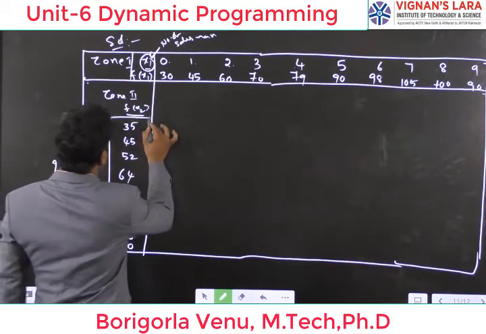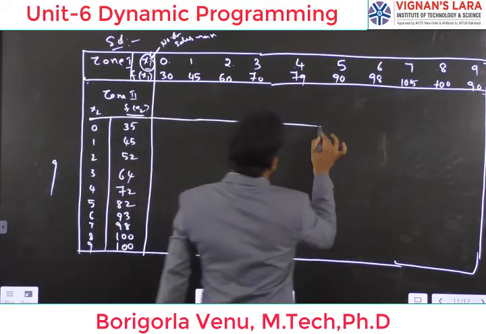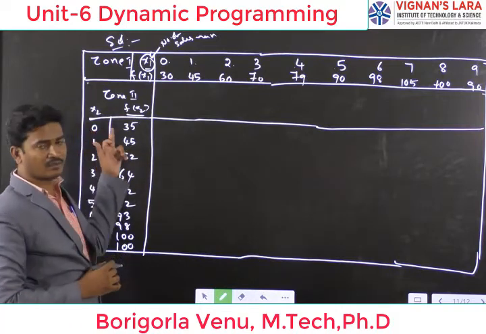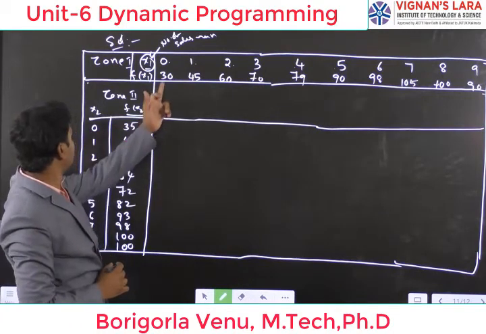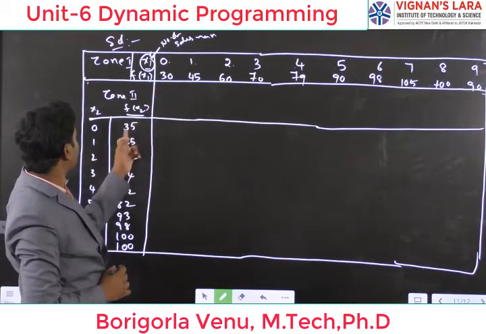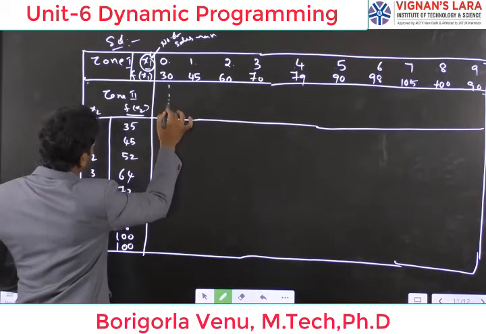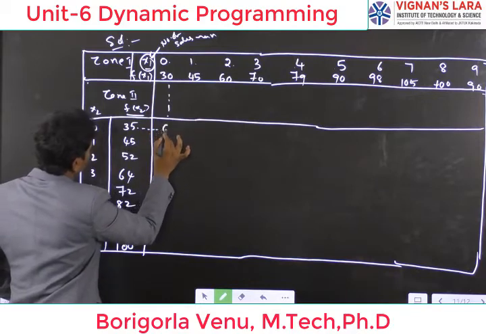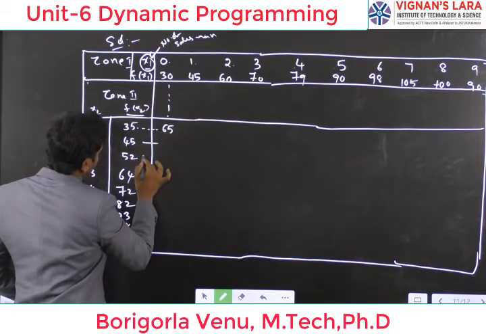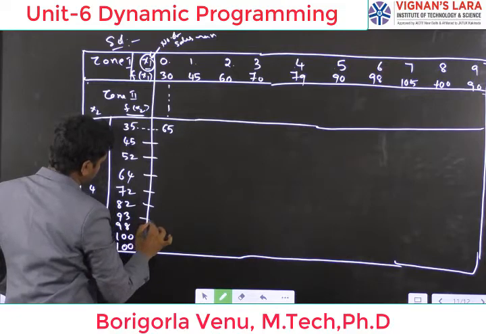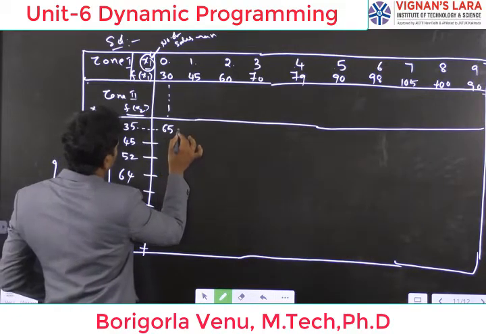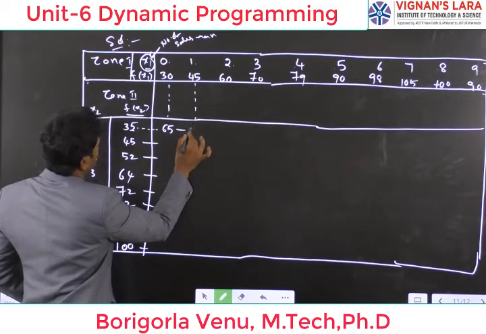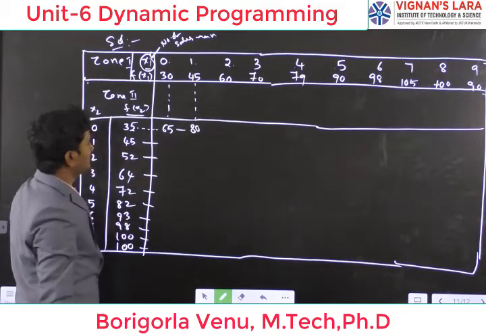Now we are going to calculate each stage value. Here at salesman 0, visiting 2 cities, that is at f of x1 and f of x2, we are going to take the sum. Taking these two, the summation is 65. Next, 45 plus 35, we get 80.